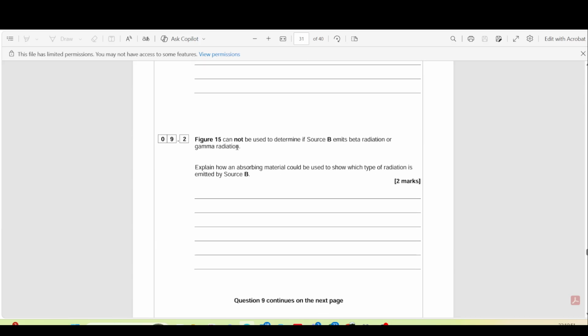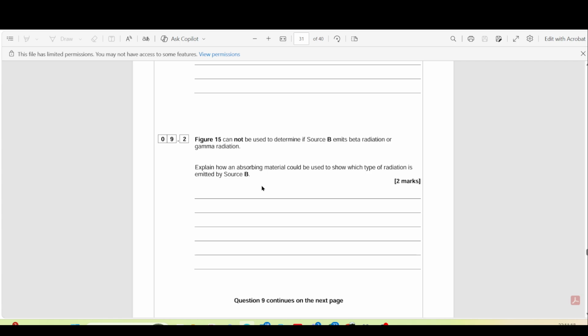Next question, 9.2, let's read it. Explain how absorbing material could be used to show which type of radiation is emitted by source B. It's not going to be alpha, that's already done.